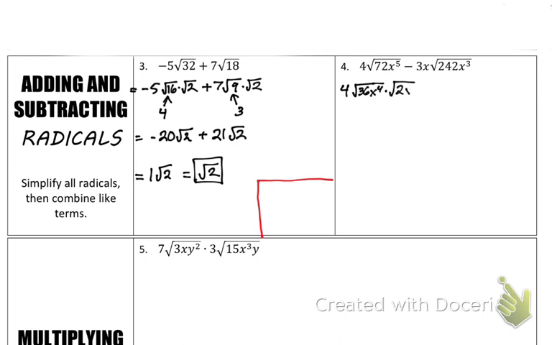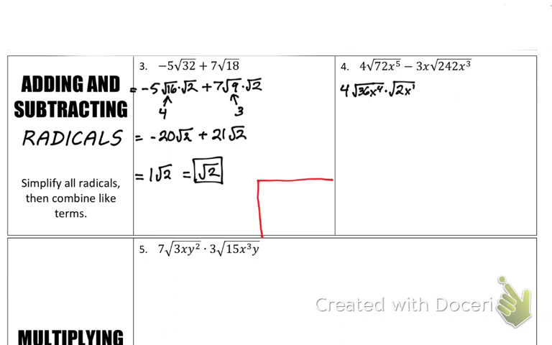For x to the 4th, I need an x to the 1st here, because this is all factoring out. I'm factoring out a 36. I'm factoring out an x to the 4th. Leaving behind the stuff I can't take the square root of. Does that make sense? We're okay with that.